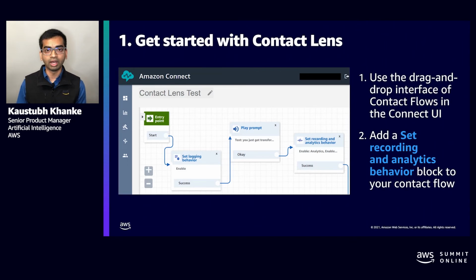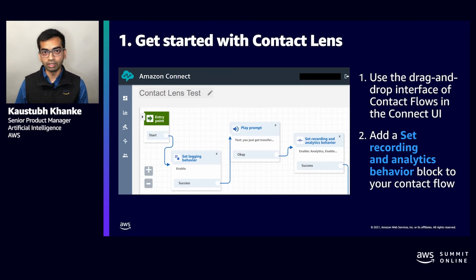Now let's talk about how easy it is to set up Contact Lens in your Amazon Connect contact center. To get started, you use the drag and drop interface of contact flows in the Amazon Connect UI. You begin by adding a Set recording and analytics behavior block to your contact flow if you haven't already added that.